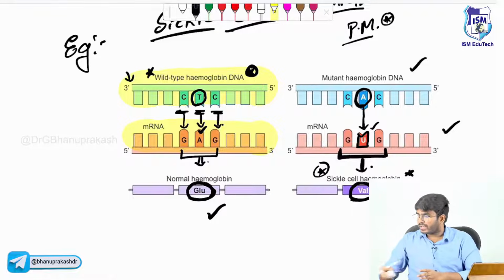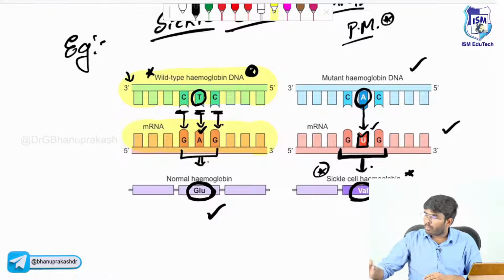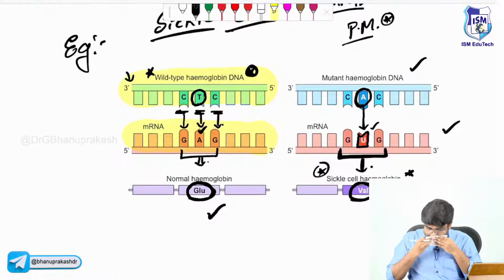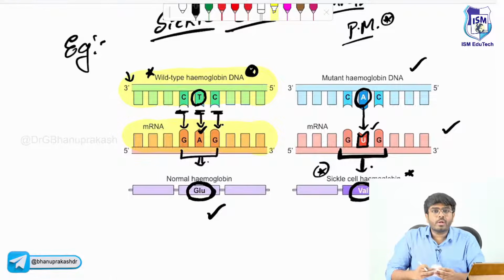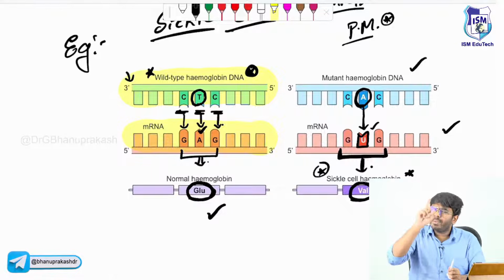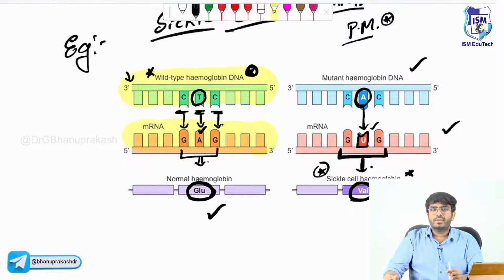The glutamic acid is replaced by valine because of a point mutation in the DNA. Whenever there is a point mutation in the DNA, there will be a change in the mRNA. Whenever there is a change in the mRNA codon, it codes for a different amino acid. That will cause a change in the protein. Hemoglobin is getting affected here. This is sickle cell hemoglobin.